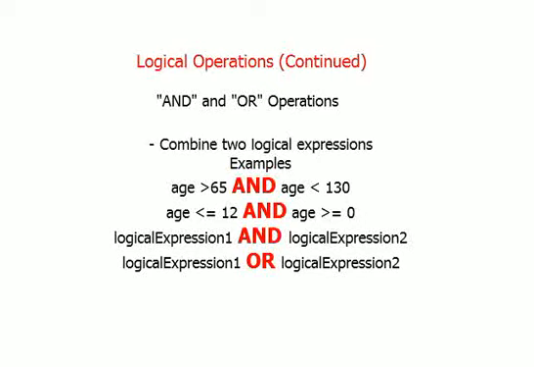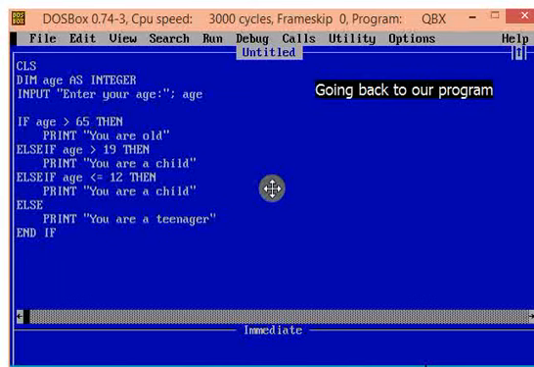If you want to say that a person is old, you don't want to just say that age is greater than 65. You might also want to say that age is less than 130, 122 years probably being the longest a human has lived. So we will rewrite the first condition using and.